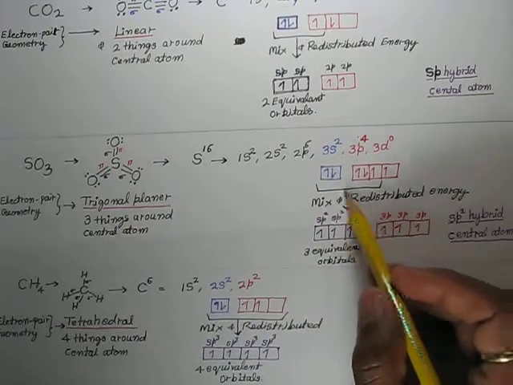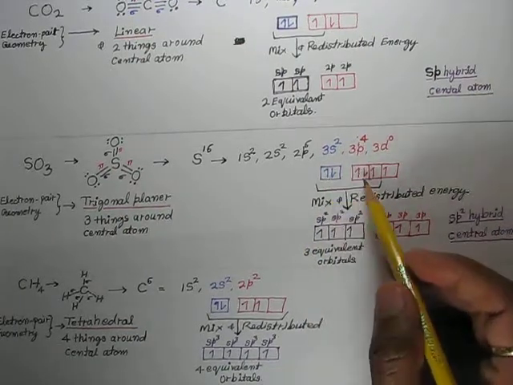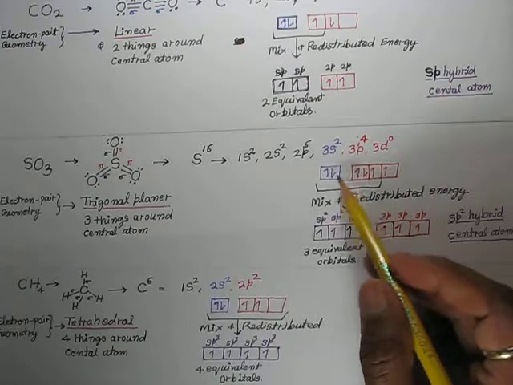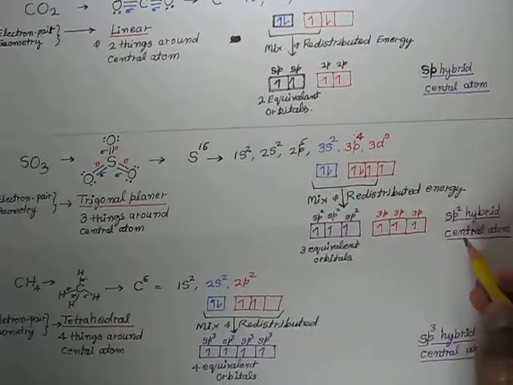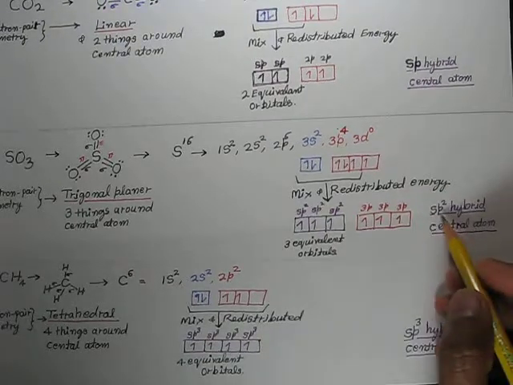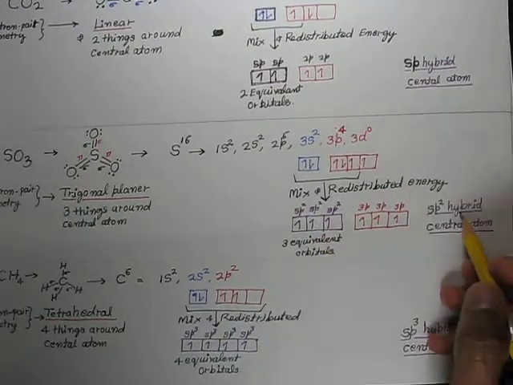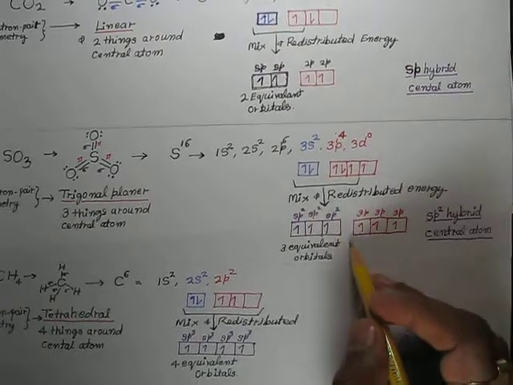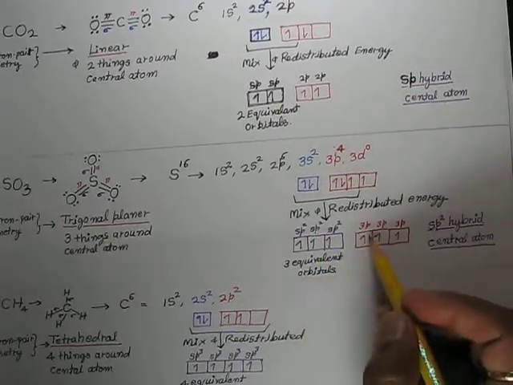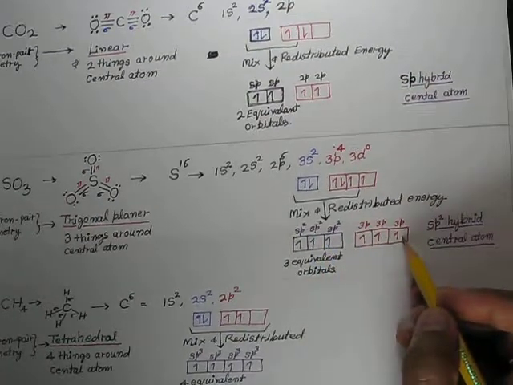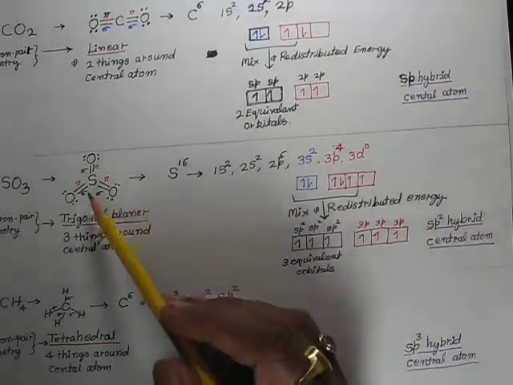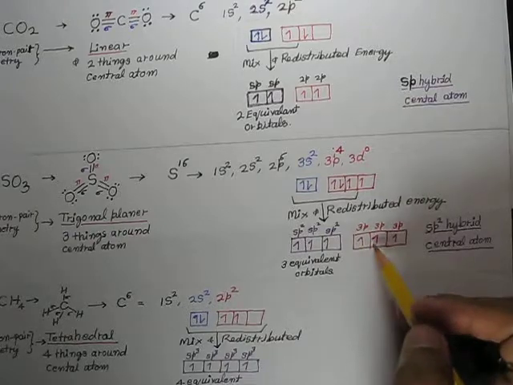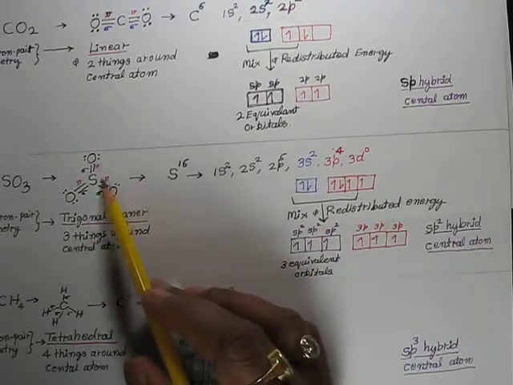So it mixes 2 of the p orbitals and 1 of the s orbital, and redistributes the electrons in such a way that they get 3 sp2 hybrid orbitals and 3 p orbitals contain only p electrons. So they use these for making pi bonds.